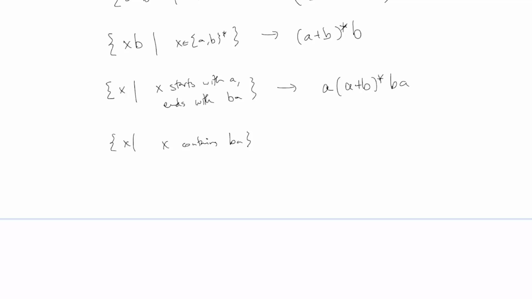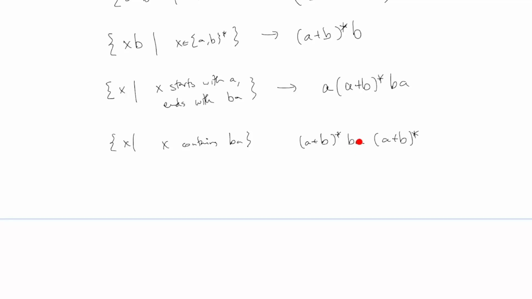Any thoughts? Yeah? In parentheses, A or B star, BA, and then A or B star again. Yeah, great. (A+B)*, that means it could be anything, and then BA, and then could be anything after, right?